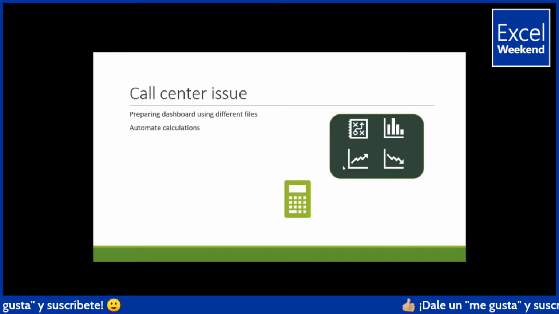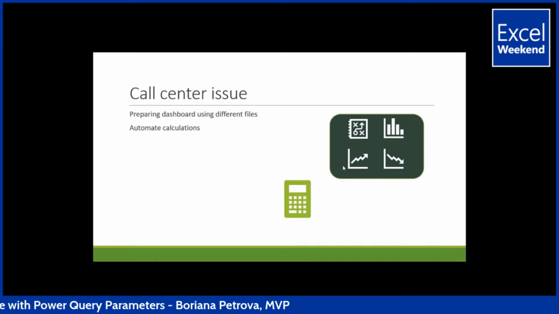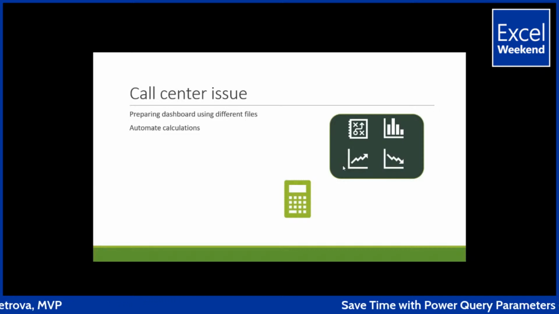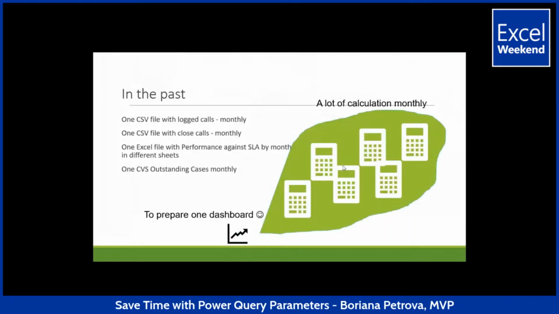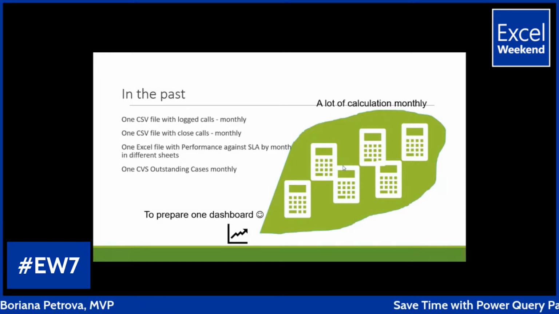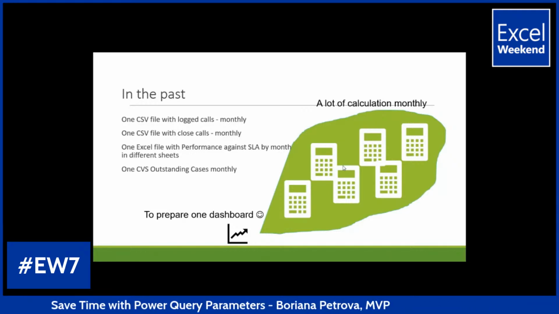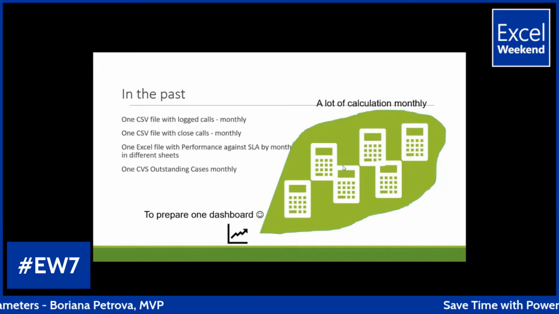And we prepared a dashboard using these different files, and of course we automate the calculation. So we have one CSV file with logged cases that we receive monthly. Also, we have one CSV file again, but with different columns and a different structure, which we call closed cases, and again we receive this monthly.